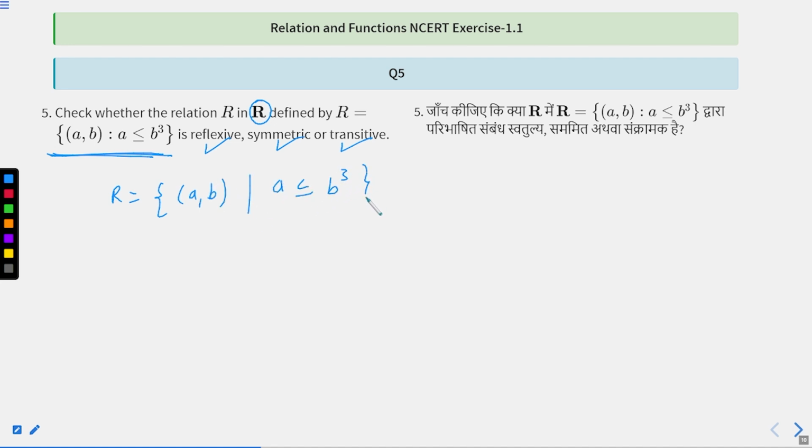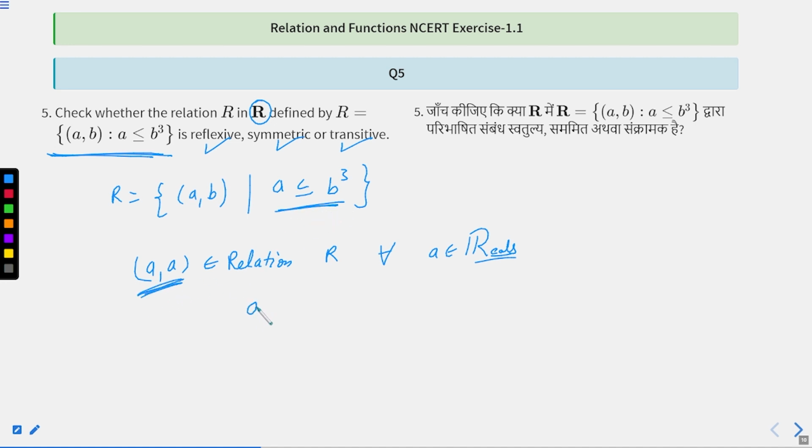For reflexivity, if you recall, we need that (a, a) must belong to the relation R for every a belonging to the set of real numbers. Okay, set of reals. Is this true for any real number in this way?